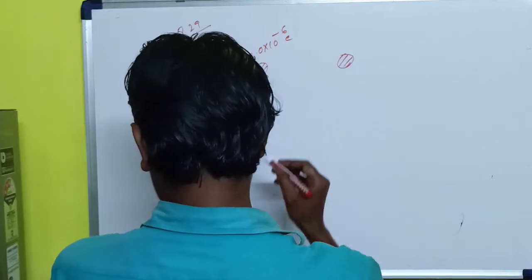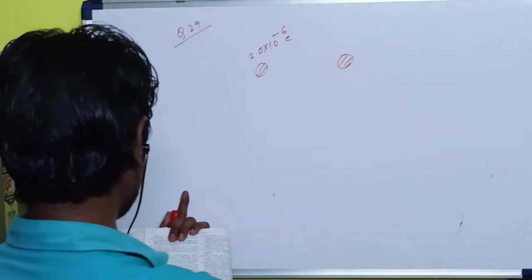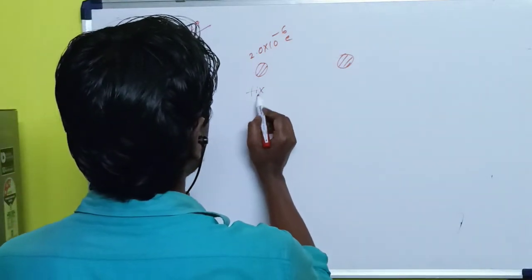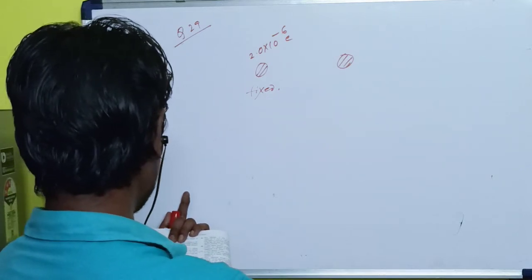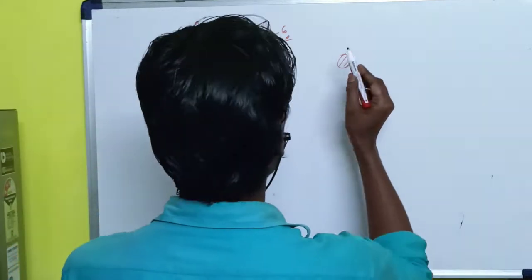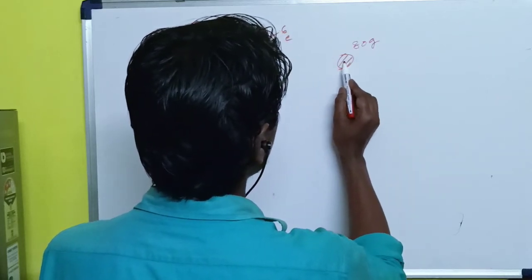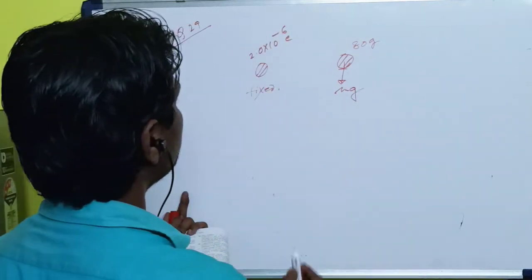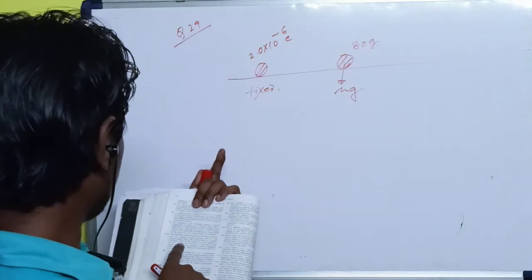A particle having a charge is fixed on a horizontal table, and a second charged particle of mass 80 gram stays in equilibrium. So this is a force mg, 80 gram.